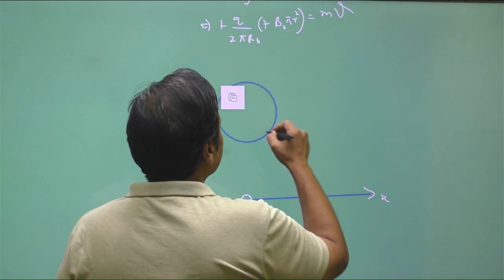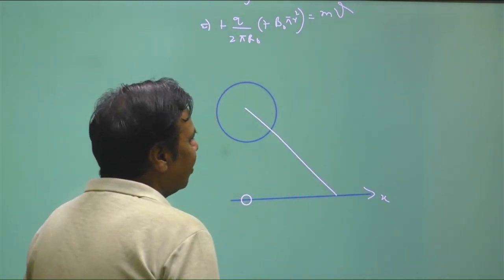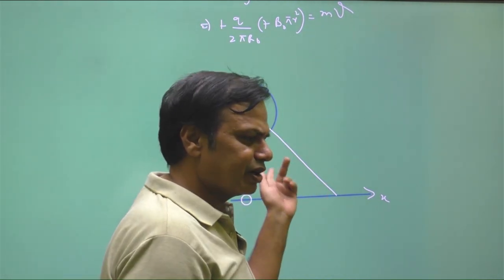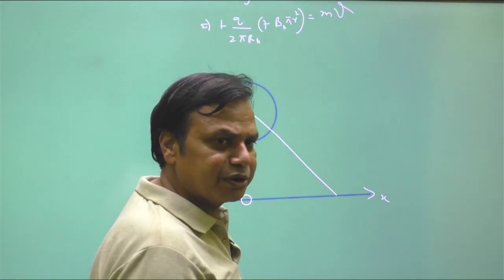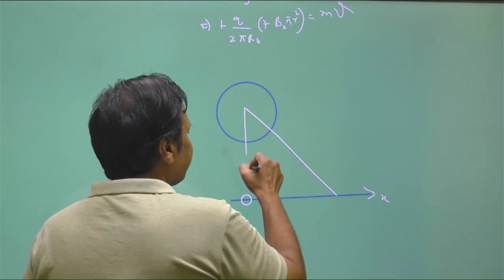Let's take this x-axis, and it finally came at an angle alpha that was given in the problem, and you can see the problem.